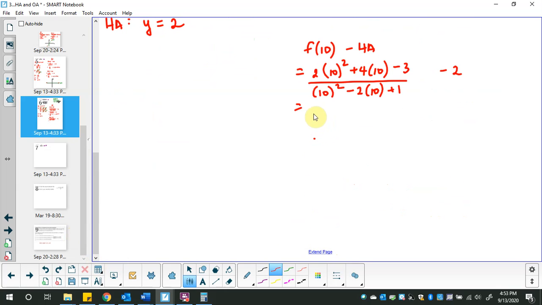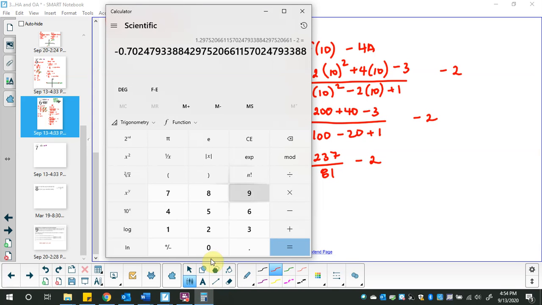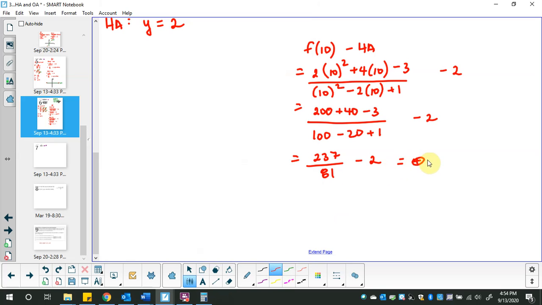All right. 200 plus 40 minus 3 over 100 minus 20 plus 1 minus 2. So that's 240 minus 3, which is 237. 80 plus 1 is 81 minus 2. 237 divided by 81 equals minus 2 equals a positive number, which is above.